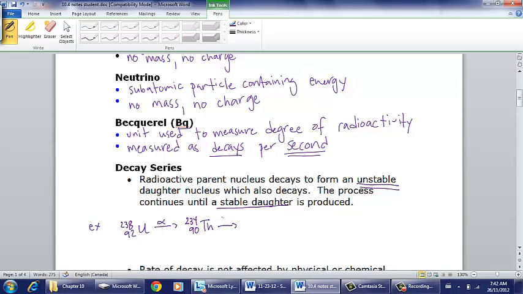It can undergo beta decay to produce protactinium, so that's Pa-234.